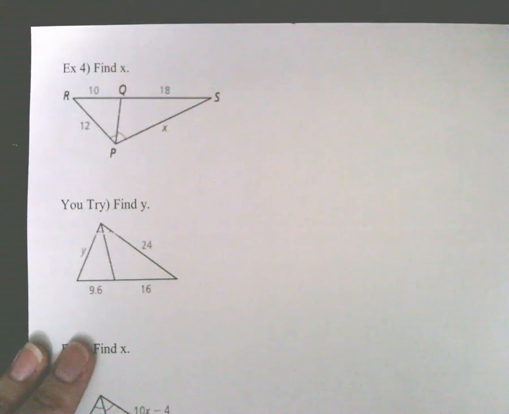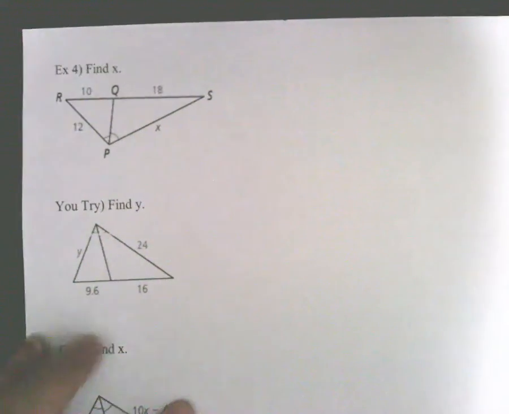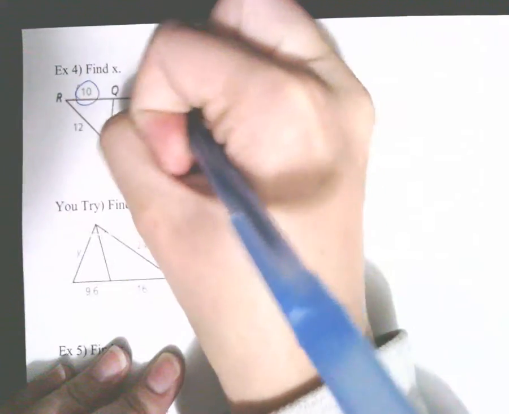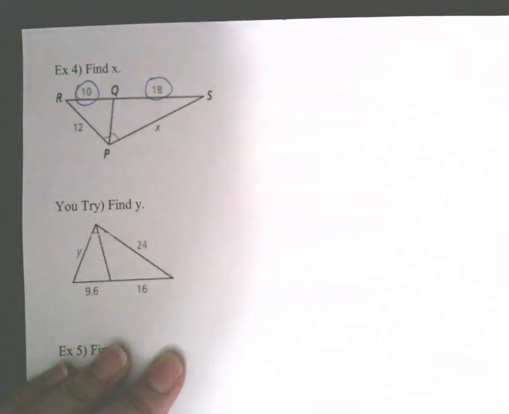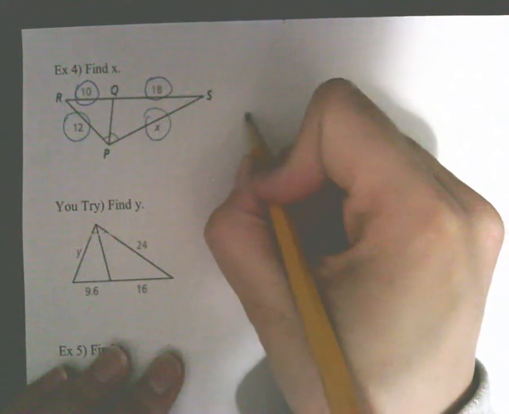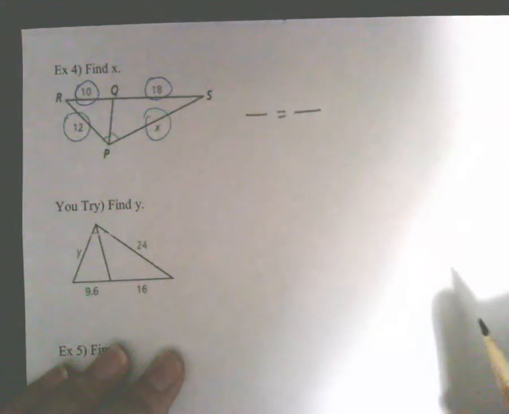So applying the triangle angle bisector theorem, we have 18 and 10, and we also have 12 and x. So let's set up a proportion using those numbers.